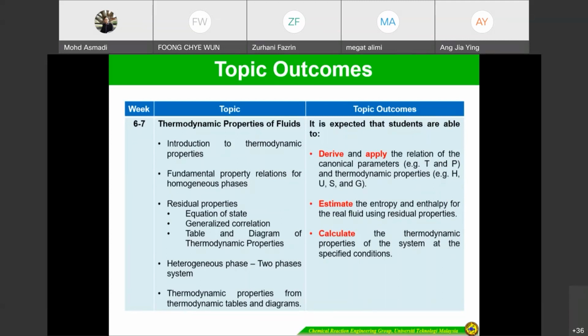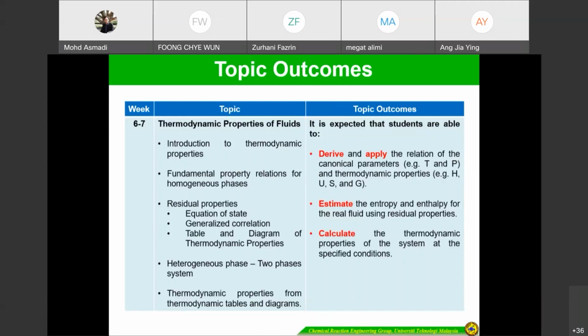Fugacity for the gas, and for the liquid we deal with the activity coefficient. You have to remember, because at different pressure the fugacity coefficient or activity coefficient is going to be different. And then thermodynamic properties from the thermodynamic tables and diagrams.